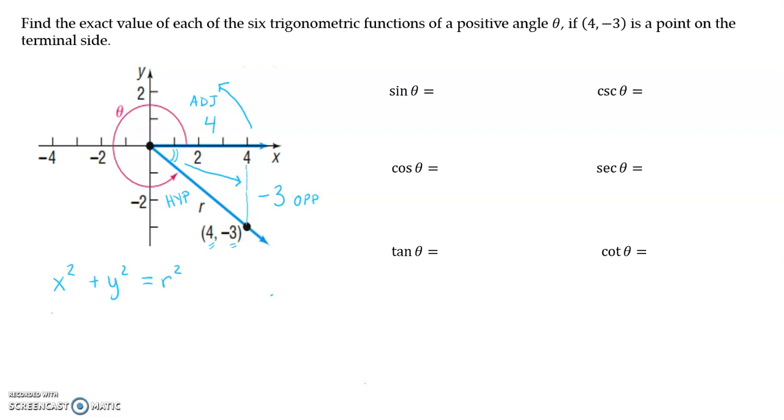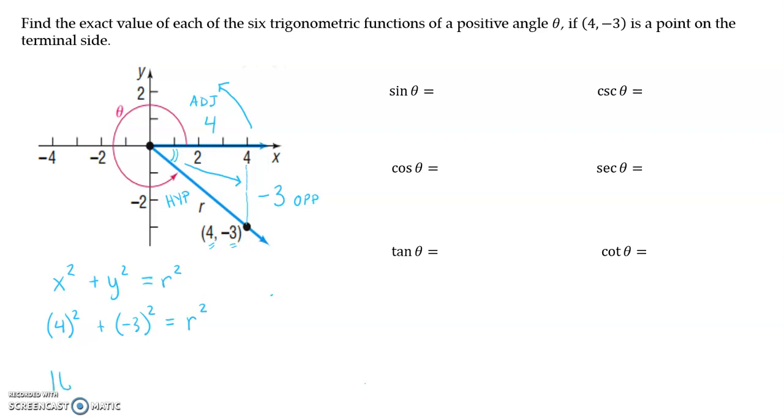So our x value is 4. Our y value is -3. So I've got 4 squared plus (-3) squared equals r squared.